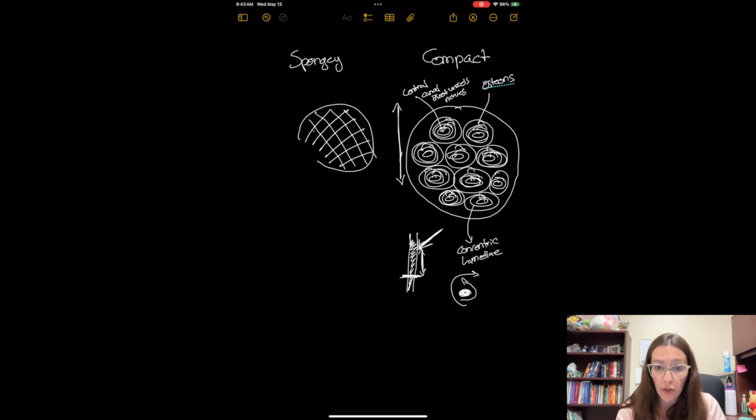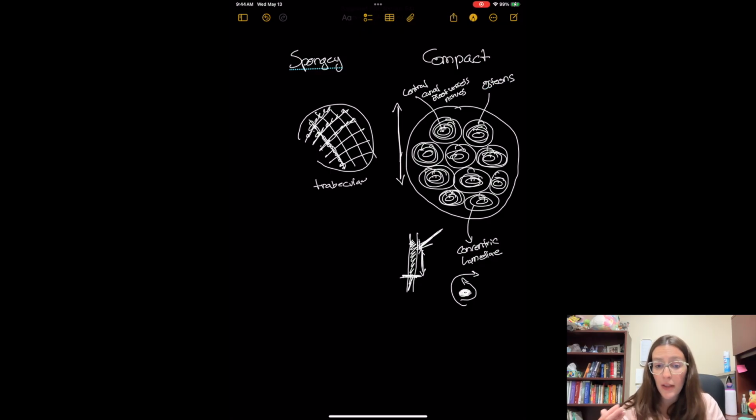We do not have the concentric lamellae. We just have more of a crisscross design. We refer to that crisscross of winding collagen fibers as the trabeculae.